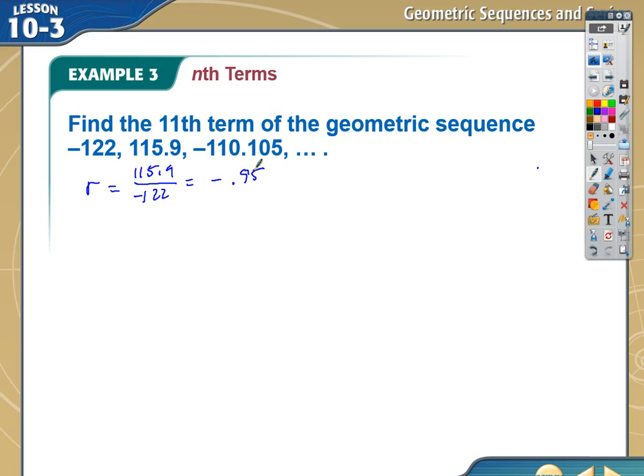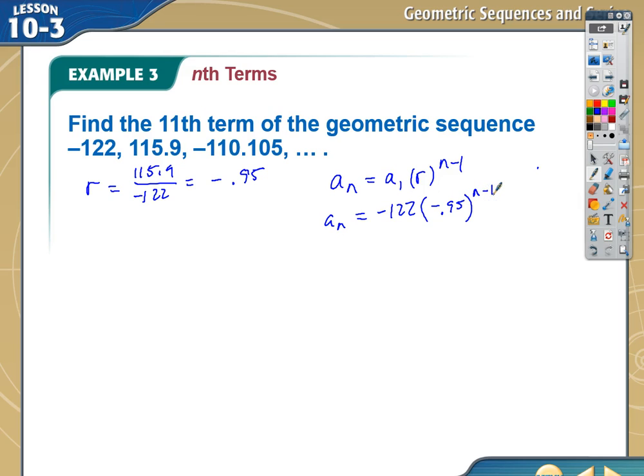So again, if I want to find my nth term, any term I want to, I'm going to use my explicit formula. My explicit formula tells me a sub n is equal to a sub 1 times r to the n minus 1. So a sub n is equal to my first one, negative 122, times my r value, negative 0.95, raised to the n minus 1 power.